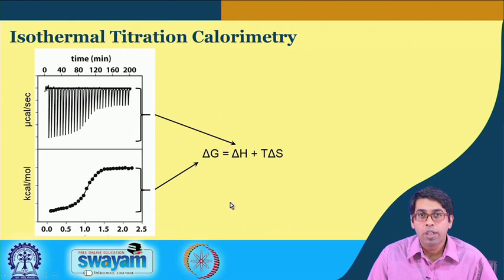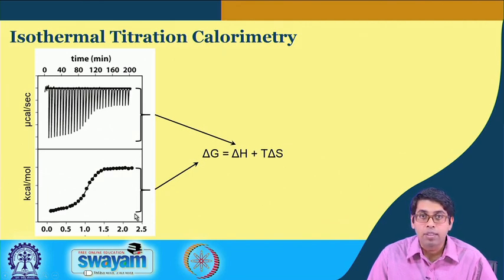Now, ITC provides you with additional information apart from just the Kd or the dissociation constant. This is the standard equation that we know. It turns out that when you fit this, you get Kd, and Kd is related to delta G. So, from Kd we can get a measure of delta G, and the difference between these two is in kilocalories per mole, right.